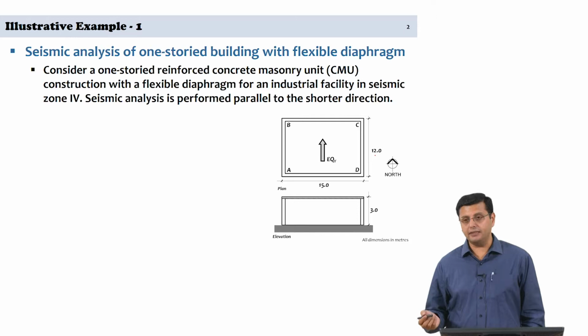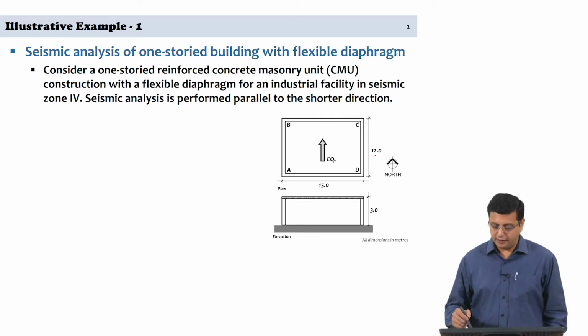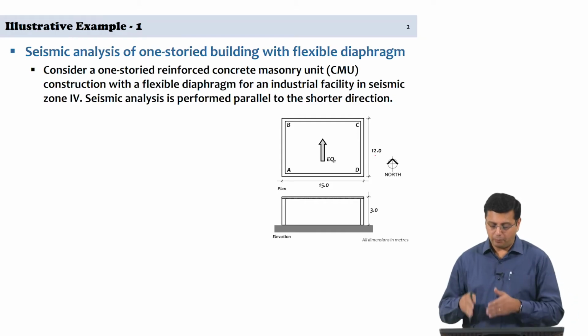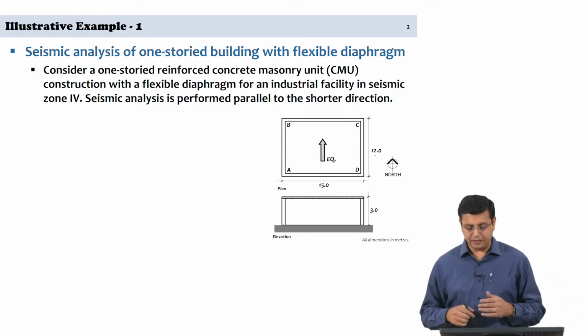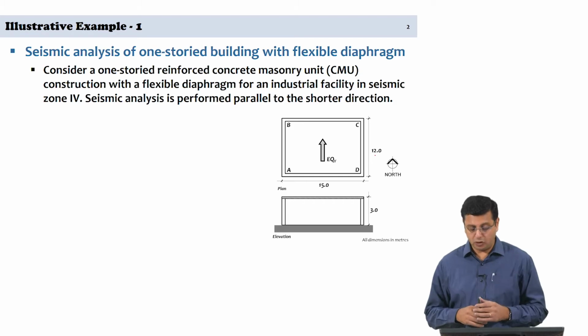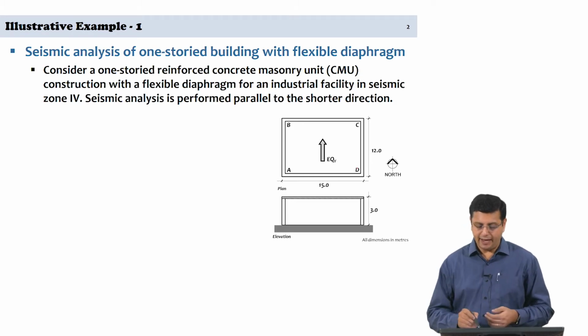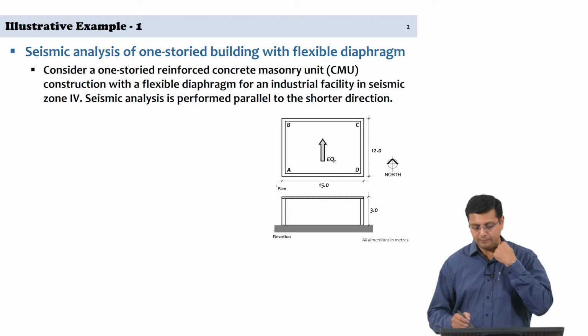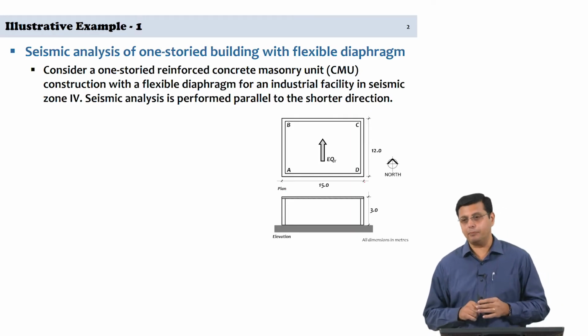We can have another nomenclature for these walls, considering that the earthquake action is in the y direction or parallel to the shorter direction. Let us then look at wall AD and wall BC as the out of plane walls, and wall AB and wall CD as the in plane walls.